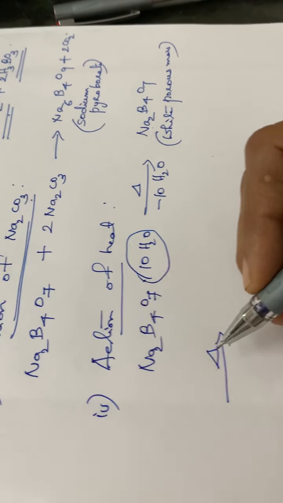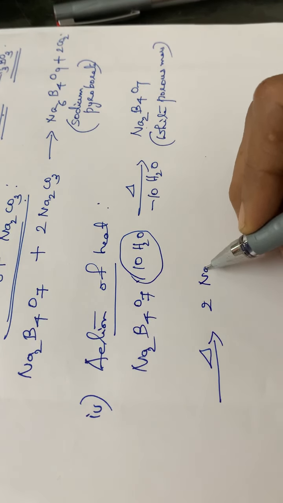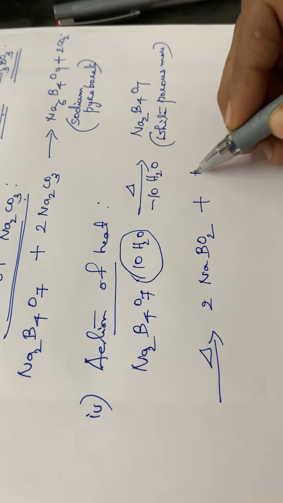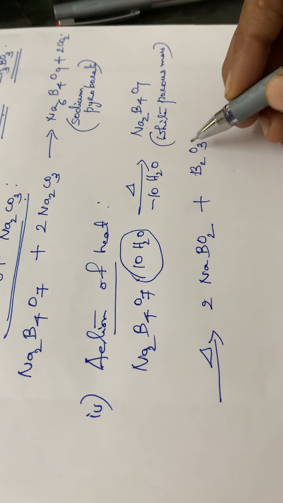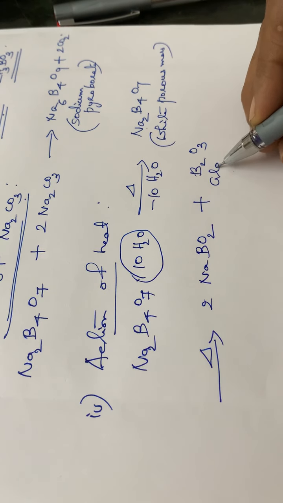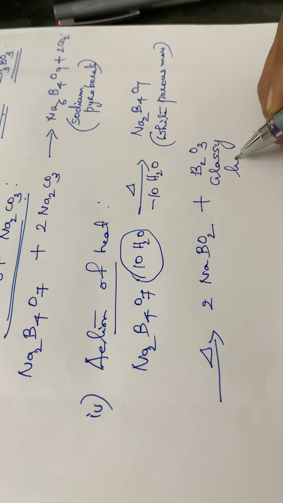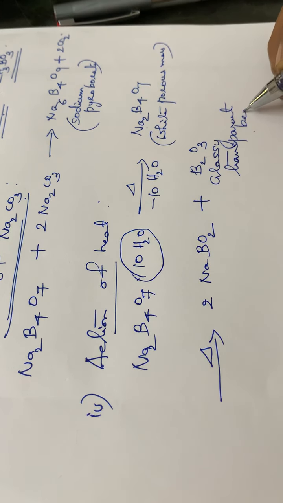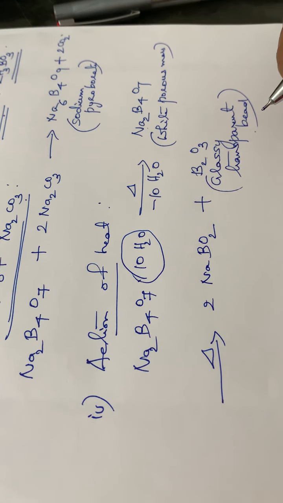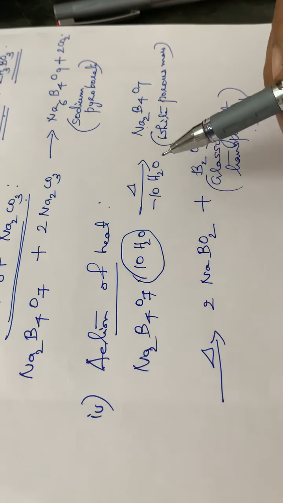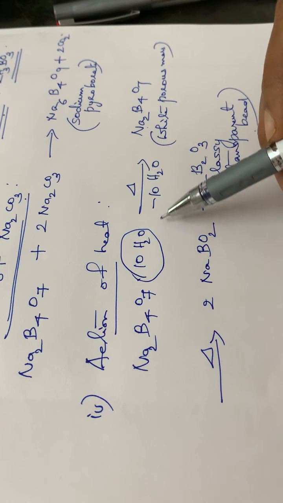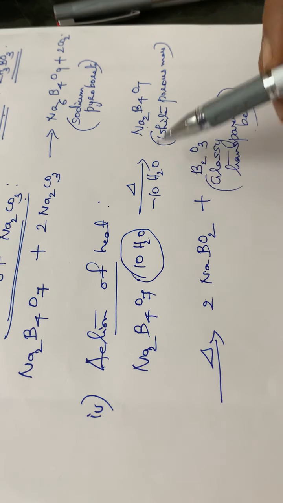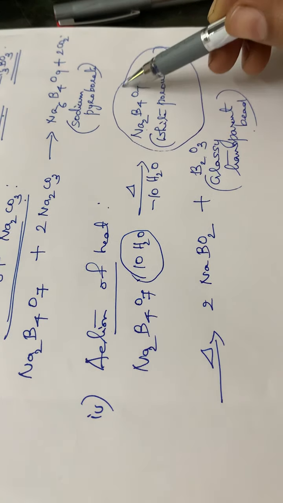Again on heating, it gives sodium metaborate, 2NaBO2, plus B2O3. See here, this B2O3 is a glassy transparent bead. So here we can see that on heating borax, the 10 molecules of water of crystallization will be removed and a white porous mass will be obtained.